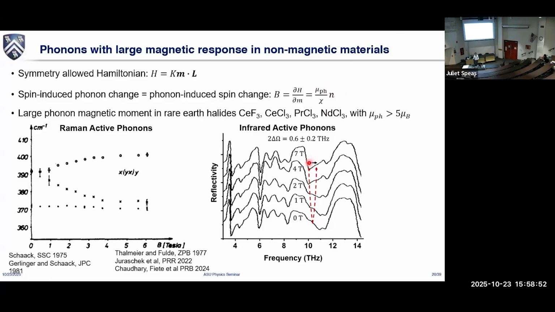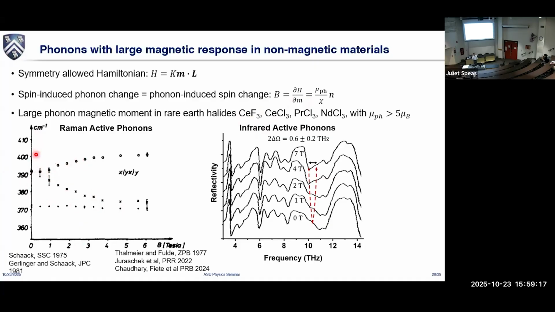But anyway, these are the experiments. You can see that all these are rare earth halides, very simple, very boring paramagnets, insulating, with no electron correlation. But when you apply a magnetic field, the phonons exhibit giant Zeeman splitting.